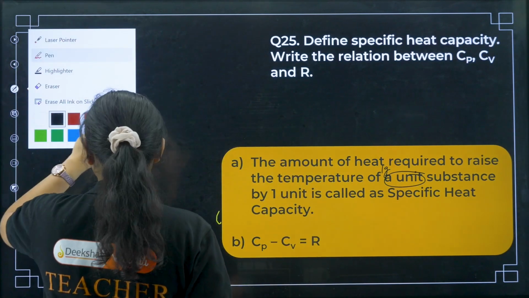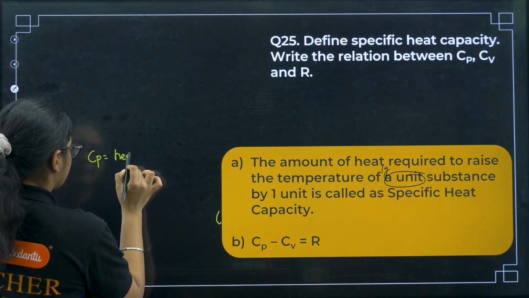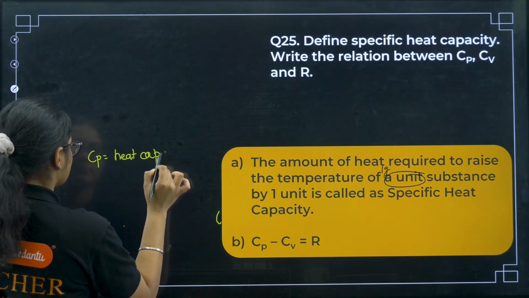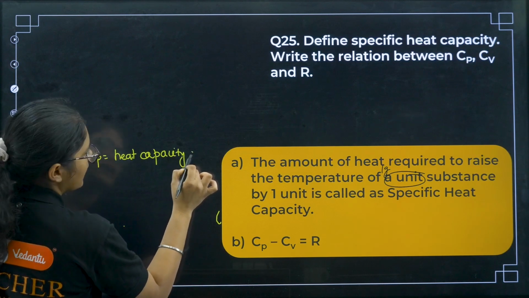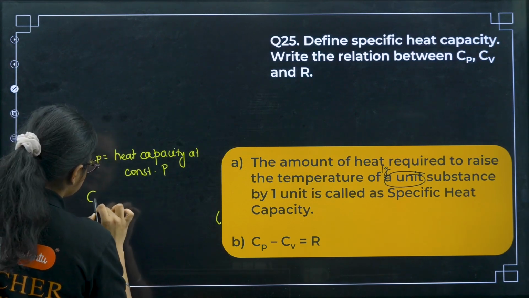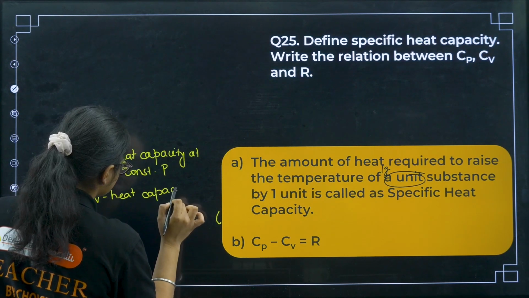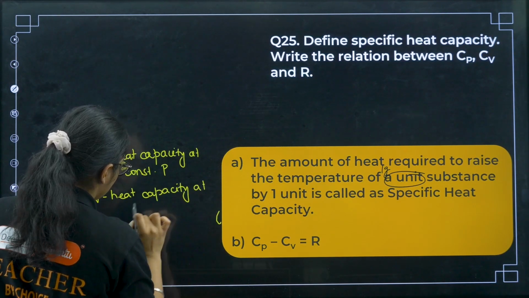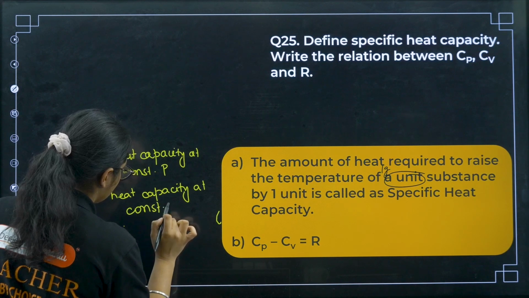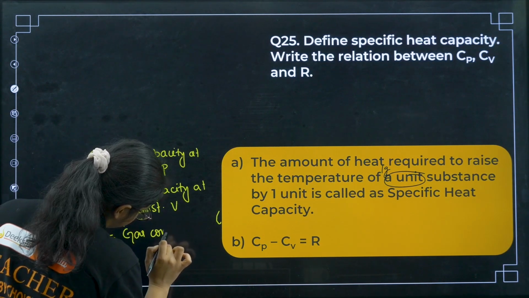Now Cp minus Cv is equal to R. What is Cp here? Heat capacity at constant pressure. What is Cv? Heat capacity at constant volume, and R is your gas constant.